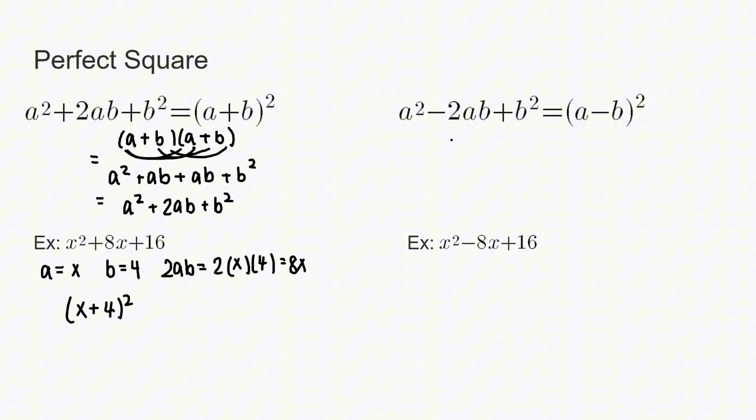And on the right side, we have a squared minus 2ab plus b squared equals a minus b squared. This is very similar, except there's a negative instead of a positive. We multiply this out.